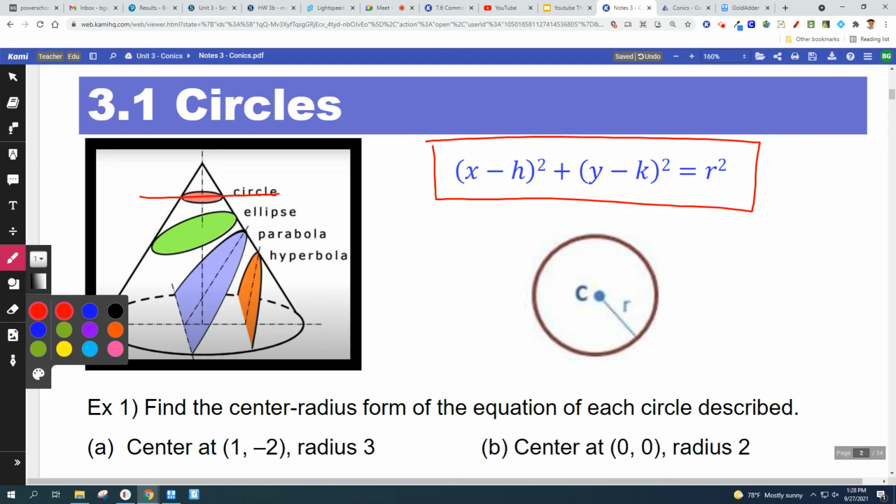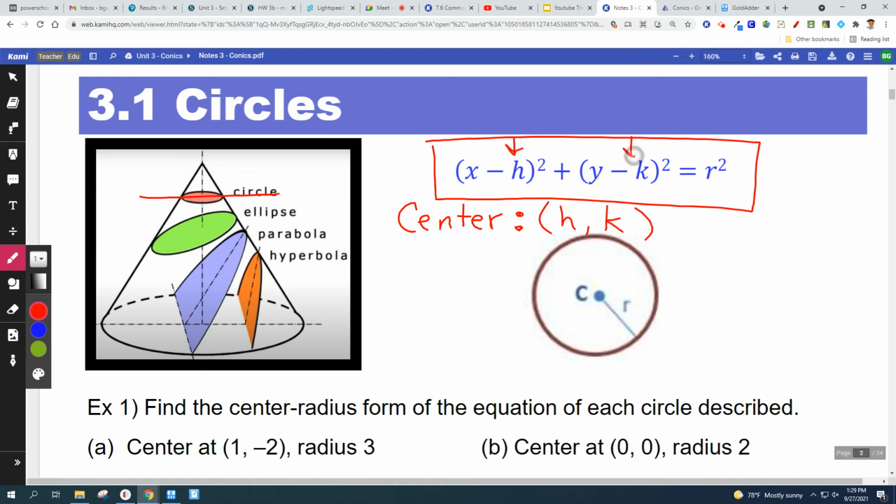In order to draw a circle, you need 2 main pieces of information. You need the center of the circle, and you need the radius of the circle. What's nice about this equation is you can see it pretty quickly. The center point of the circle is just going to be the point h comma k. So you're looking at this number and this number right here.